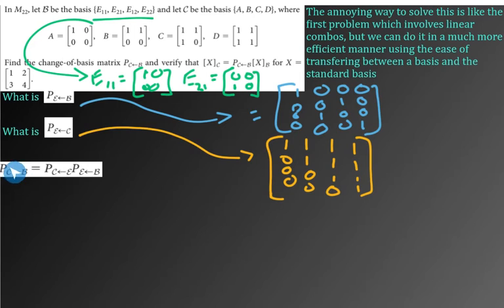If you want to go from B to C, this was really easy to do. So what we can actually just do is use inverses, right?